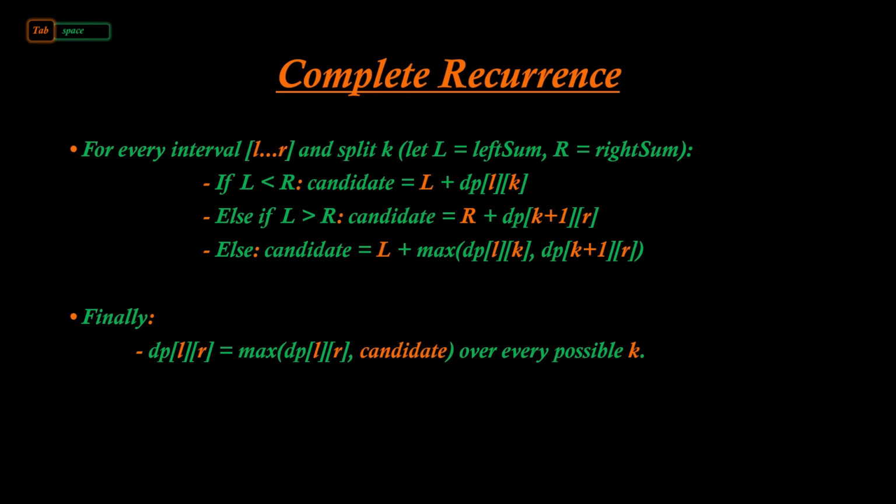If capital R is smaller than capital L, the candidate is capital R plus dp[k+1][R]. And if they are equal, the candidate is capital L plus max of dp[L][k] and dp[k+1][R]. After calculating the candidate, we update dp[L][R] with the maximum candidate found over all possible split positions. This gives us the complete dynamic programming recurrence.